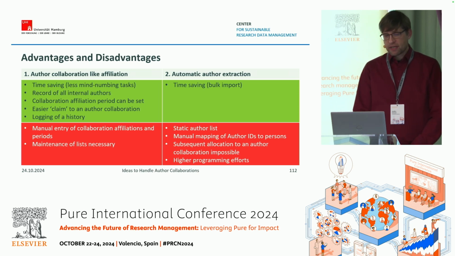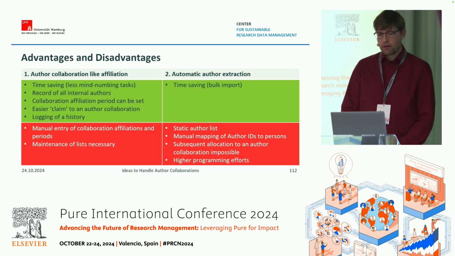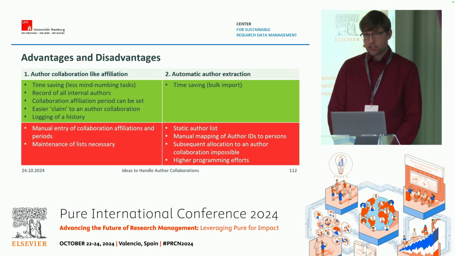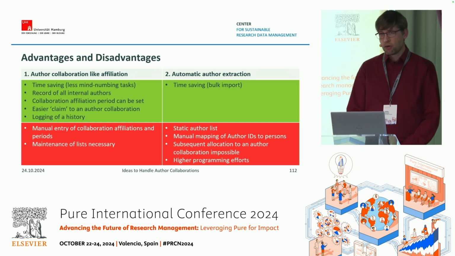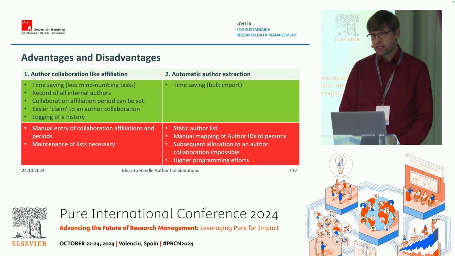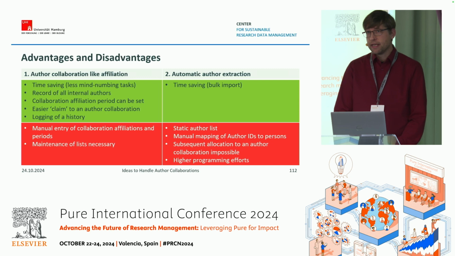The first idea also has the advantage that we can record all internal authors, and we can set an affiliation period, which says how long someone belongs to an author collaboration. And also for the researchers, it's much easier to directly claim an author collaboration in Pure, for example. And of course, we can log the history.